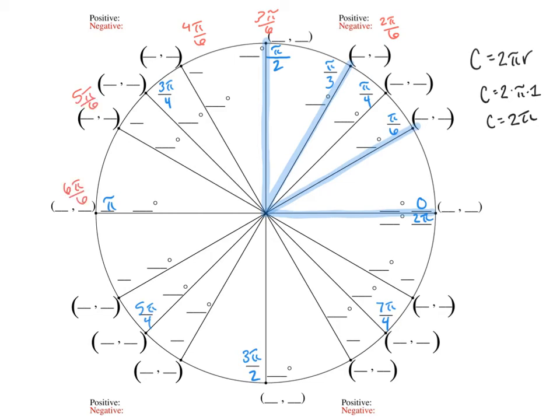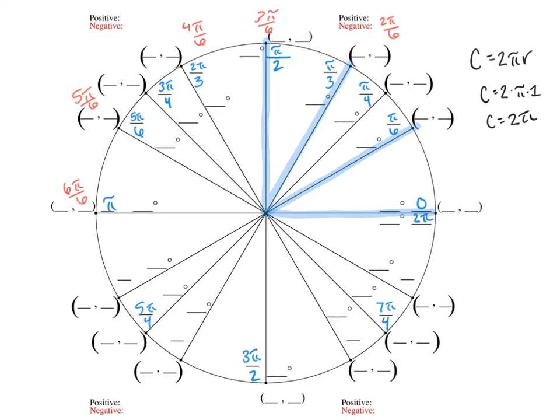Now we can see that some of these are already reduced. So for instance, 6 pi over 6 becomes pi. Back up here, 4 pi over 6, if we were to reduce that, that would be 2 pi over 3. 5 pi over 6 can't be reduced, so we'll keep it that way. So you can keep going around with your pi over 6 and continue to reduce those.